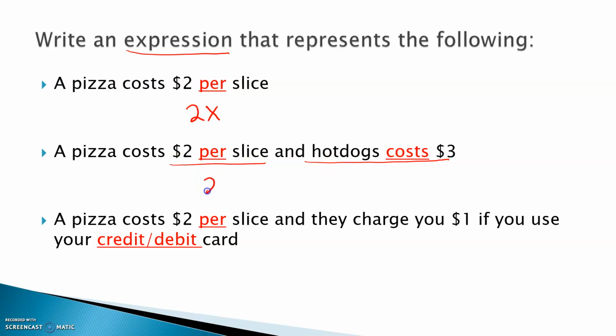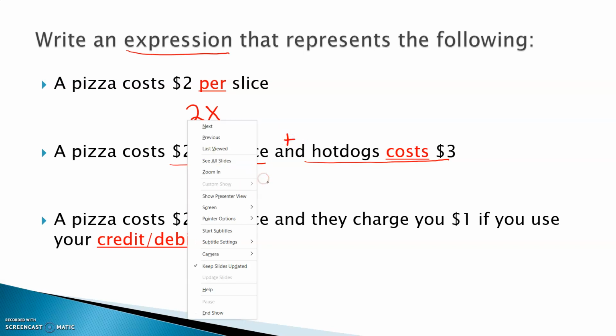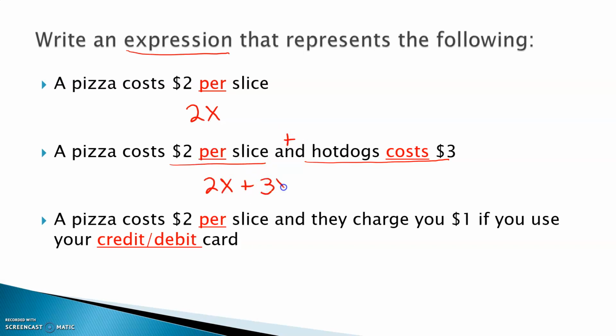We would say something like 2x to represent that it's $2 per pizza, plus hot dogs are $3. So we have to use 3, but of course a different variable, something like y, 3y to represent that it's $3 per hot dog. You could use h if you wanted to. And then the last one down here says a pizza costs $2 per slice. How can we represent that again?